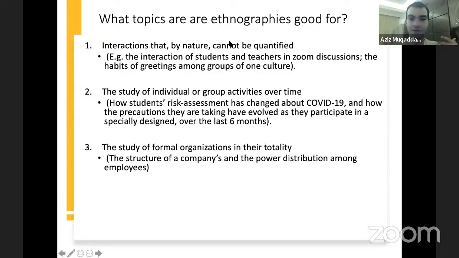I cannot observe the level of stress, or the activities you do while you're in class, while you work on assignments, or the things you do to stay away from the computer screen and do something else in order to be able to come back. How do you deal with Zoom fatigue? Those types of things, the actual behavior people do, cannot always be quantified.